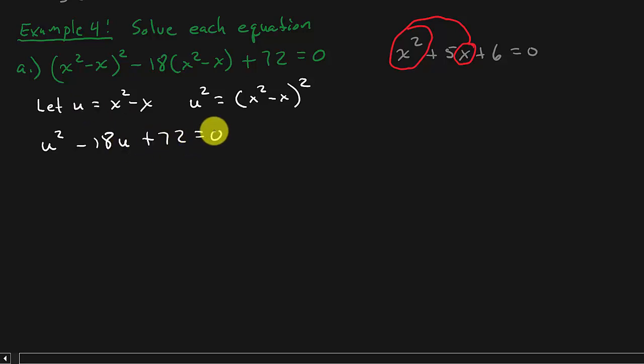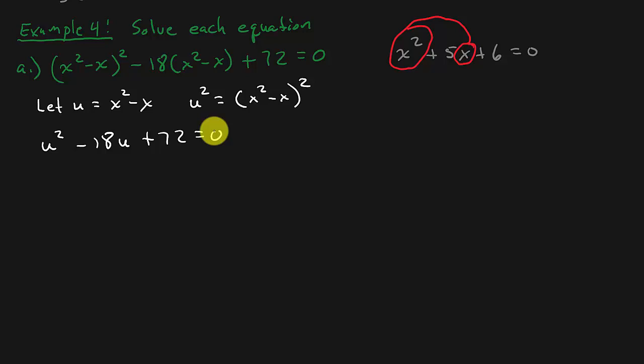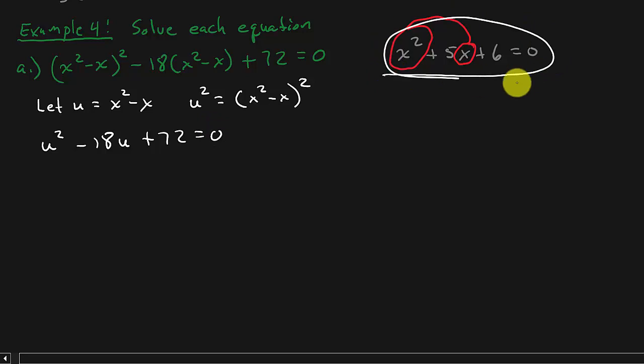All right. Now, doesn't that look a little better? That looks a little easier to solve, doesn't it? It looks like this one over here. And I can factor that. So that's going to be u, and that is going to be what?